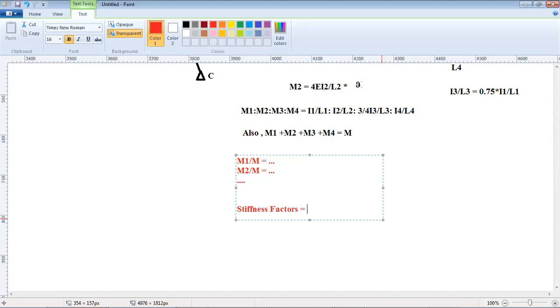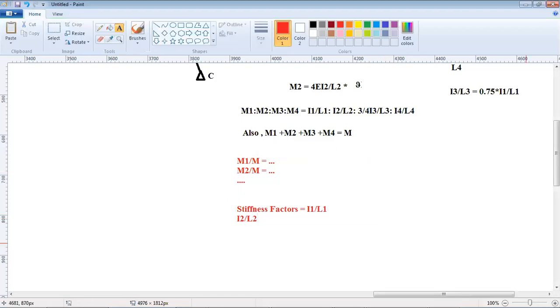They were all stiffness factors. Like for example, I1 by L1 was a stiffness factor for OA, then I2 by L2 was a stiffness factor for OB. So every member now has a particular stiffness factor. So the moment will be distributed in terms of the stiffness factor.